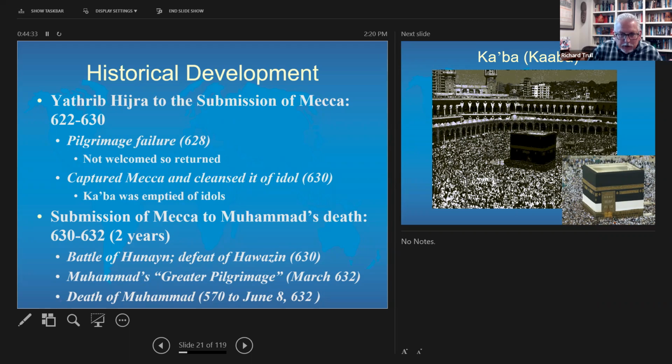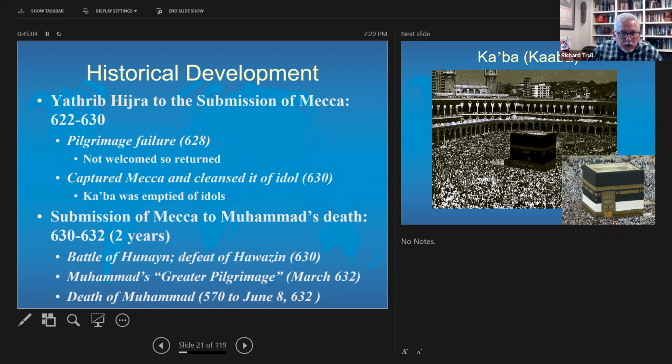Now Mecca's in control of Muhammad, and he's cleaning out all the polytheistic aspects of it. You have other clans that are fighting against him, like the Battle of Hunayn, the defeat of Hawazin in 630. So this gives Muhammad and his followers control of Mecca.